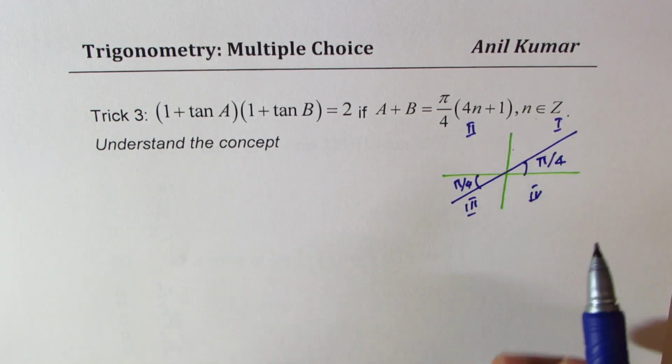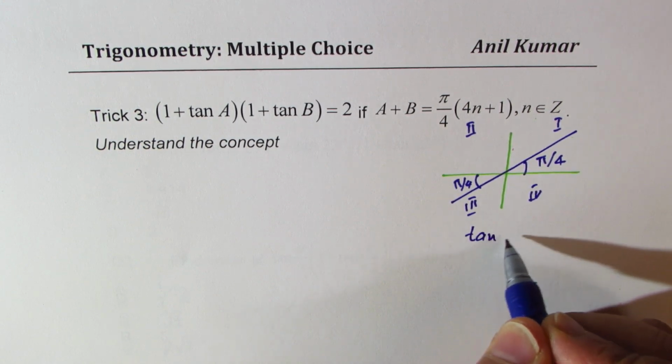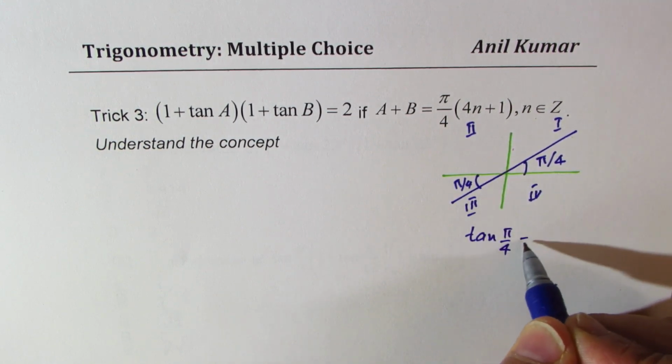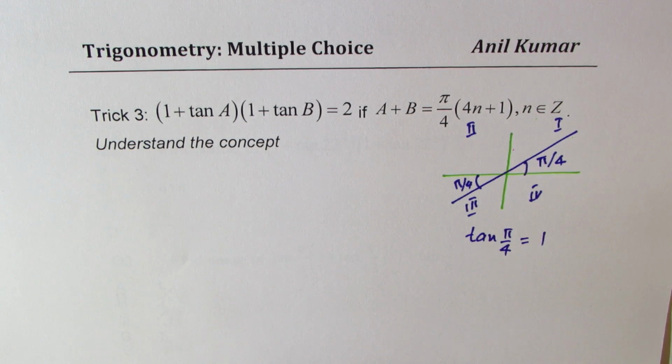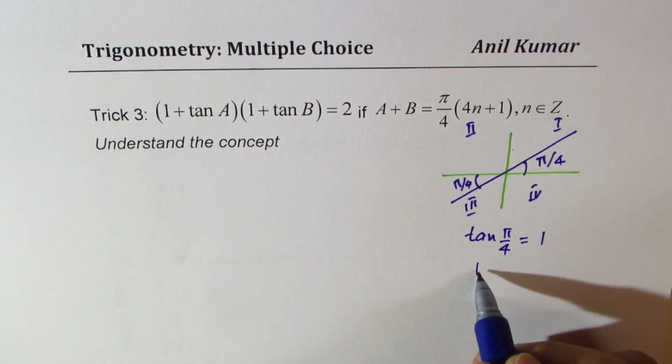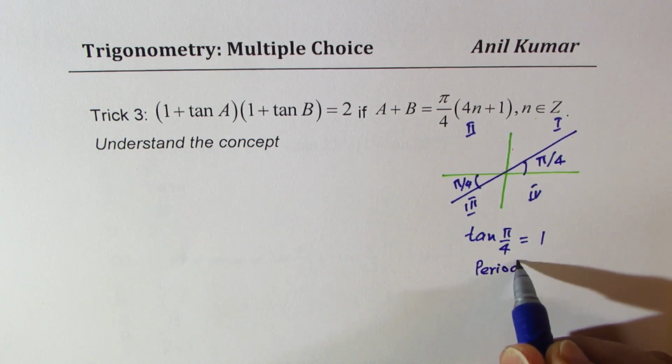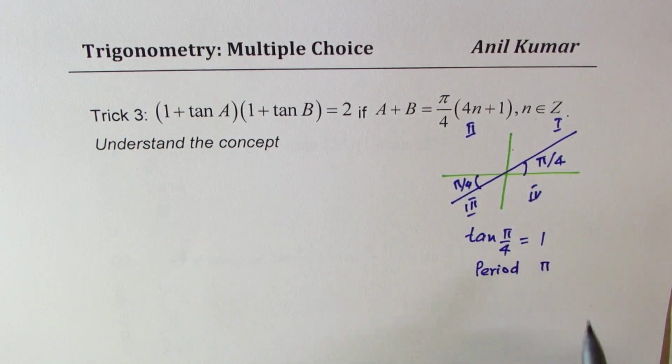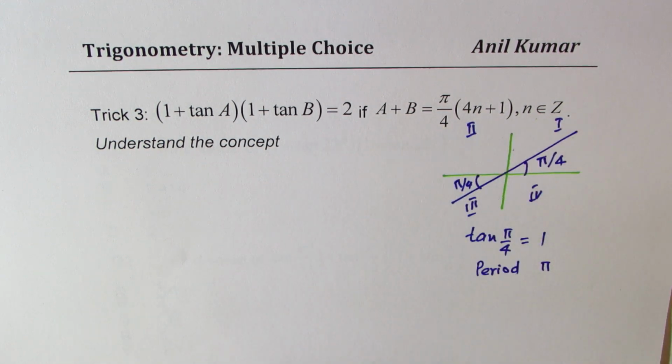And it is positive 1. We know tan π/4 equals 1, correct? And we also know that for tan the period is π, so it repeats after every π. That gives you an idea of this multiple.